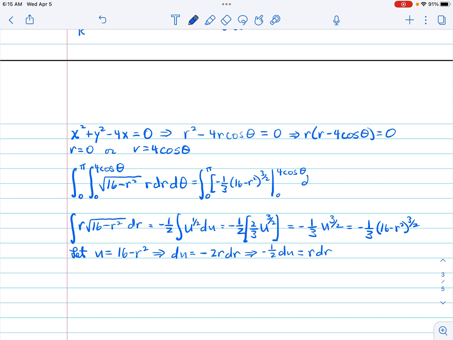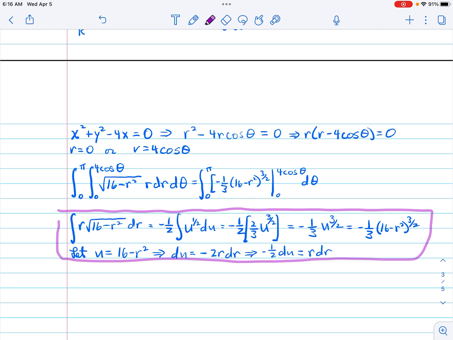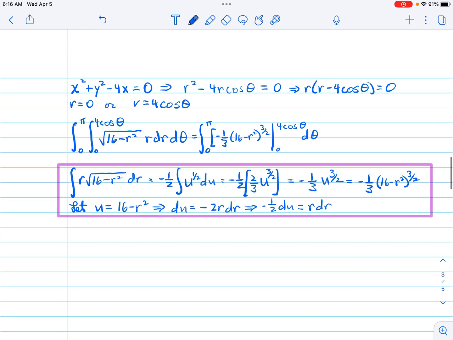And then I've got d theta left. Okay, so this is what it looks like. And of course, I got all of that from this bit of work that I did down here.